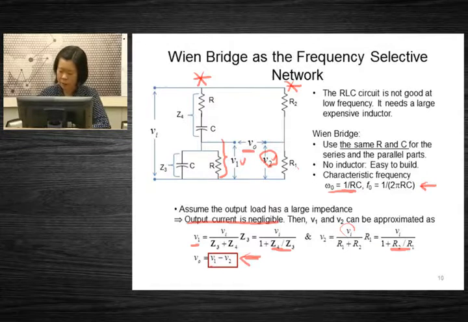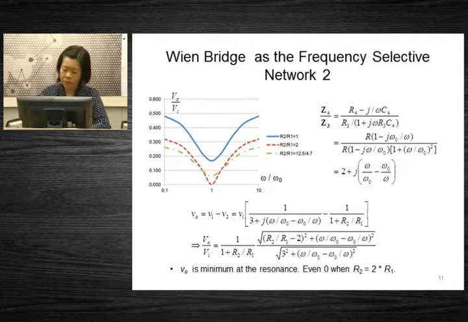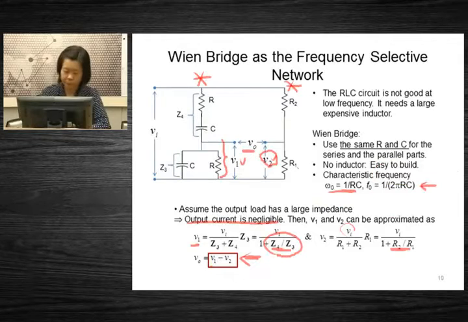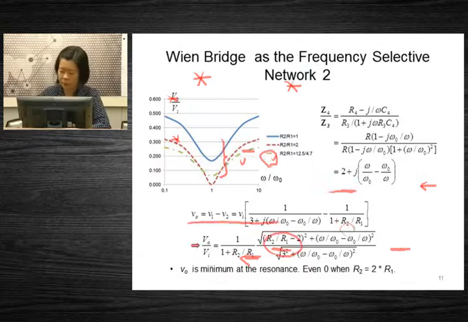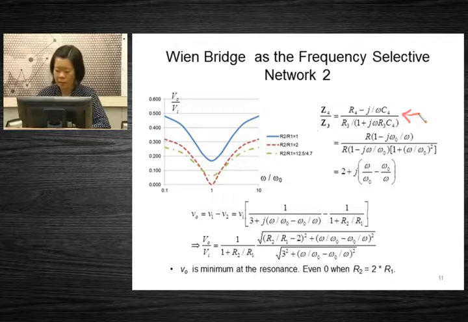Now let's look at this G4 over G3. From the relations before, that means the series circuit here and parallel circuit here, G4 over G3 is obtained as this ratio.